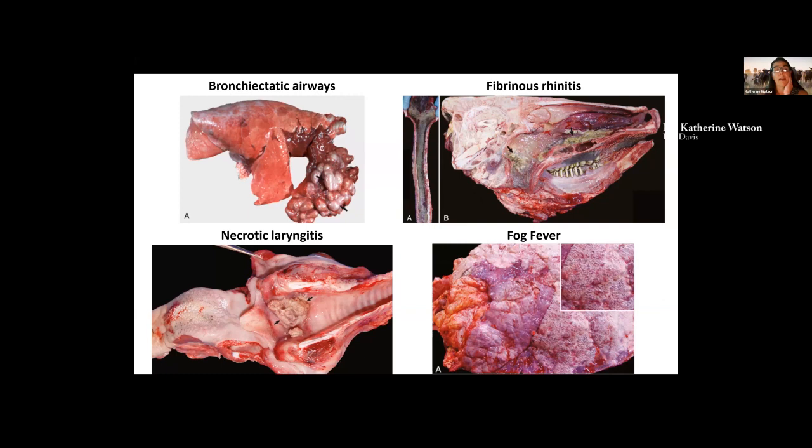Or what we've seen a lot of this year is that, because we had such a bad drought last year, a lot of the grasses were brown. And then with the first big storm, that monsoon storm here in California, all of the grasses came back to life and were really lush and green. And that caused fog fever in a lot of our herds.